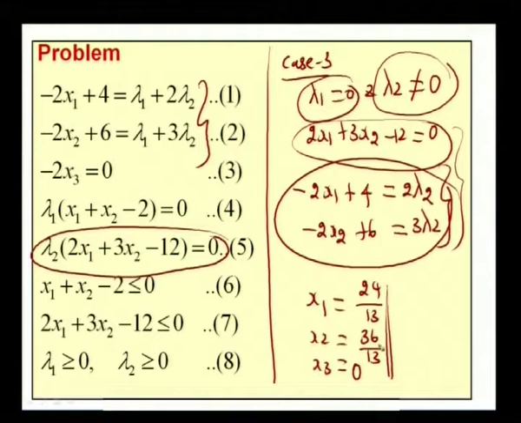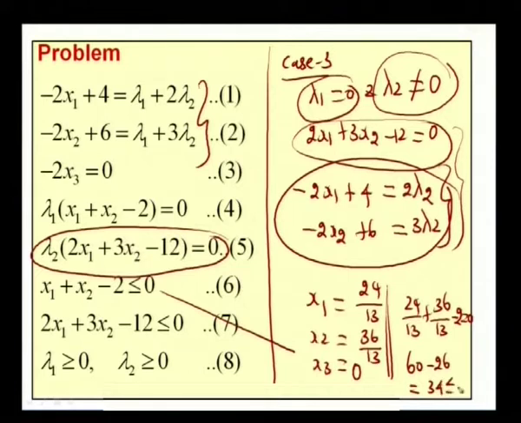Now, by substituting these three values in this equation, it becomes 24 by 13 plus 36 by 13 minus 2 less than or equal to 0, which becomes 60 minus 26, which is nothing but 34 less than or equal to 0.